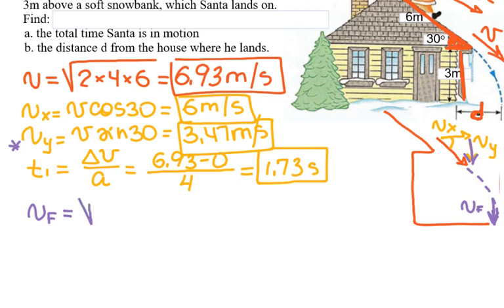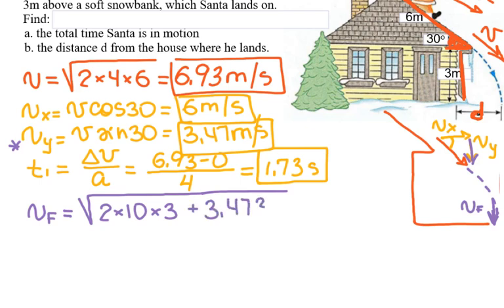So I have the square root of 2, acceleration due to gravity 10, the distance is 3 meters, but it starts with initial vertical velocity, which is 3.47 squared, and that will give me a velocity of 8.5 meters per second.